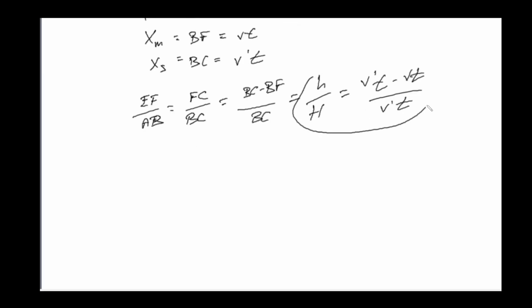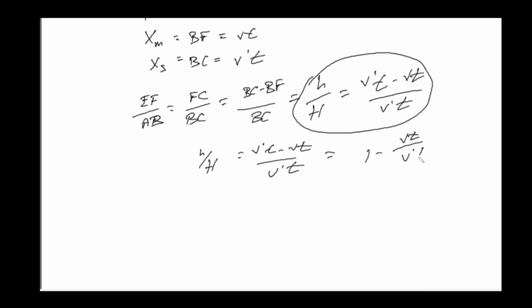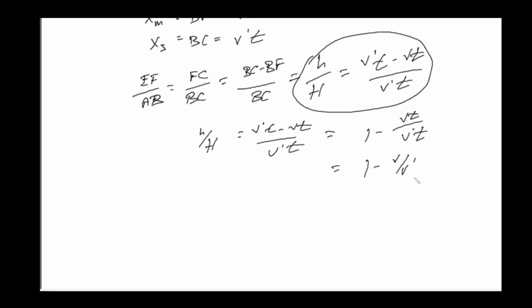So we want to solve this equation for v prime. So h over big H is equal to v prime t minus vt over v prime t. And that's equal to 1 minus vt over v prime t, which is equal to 1 minus v over v prime.